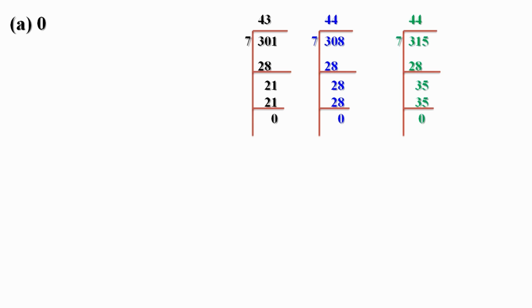Now we have to find the sum of natural numbers between 300 and 500 that leave remainder 2 on division by 7. When we divide 301 by 7, the remainder is 0. To get remainder 2 here, we have to add 2 to this. That is, the first term of the sequence is 303.